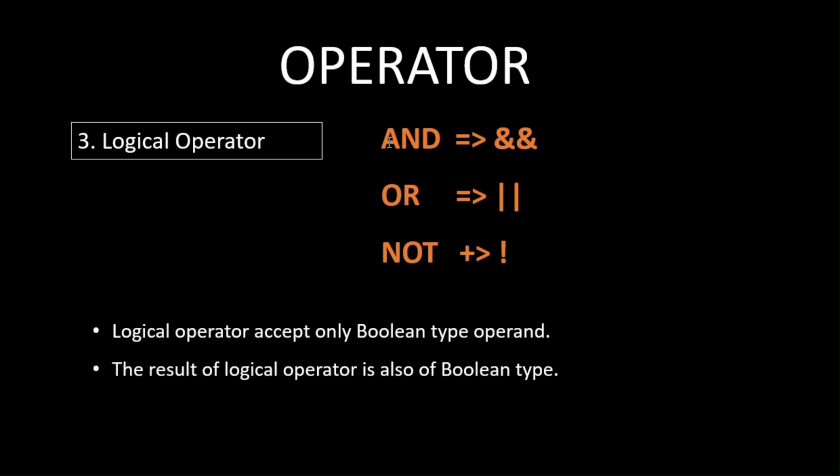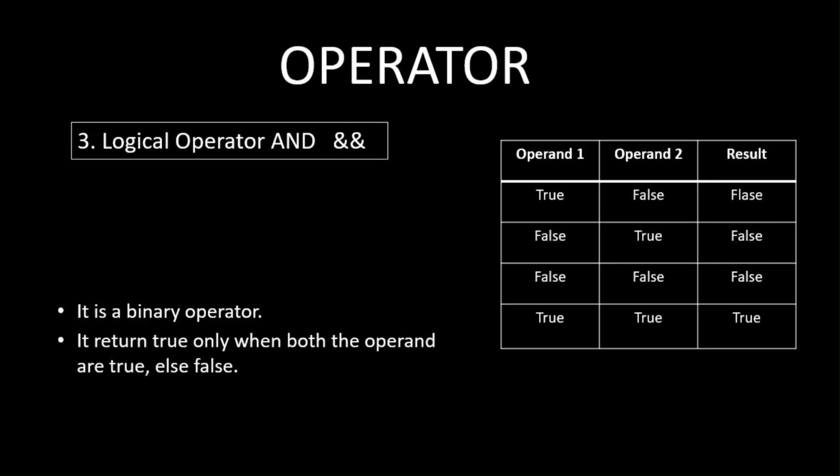We have three types of logical operators: AND, OR, and NOT operators. The logical operators accept only Boolean type operands, and the result of a logical operator is also of Boolean type. Okay, so let's explore them one by one.